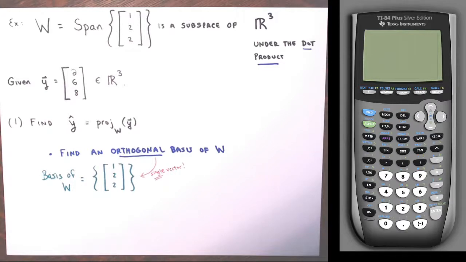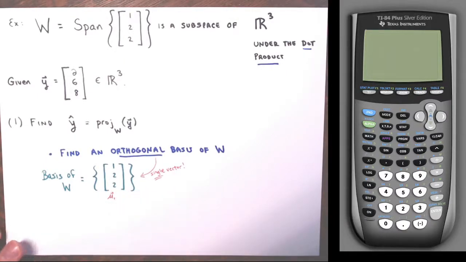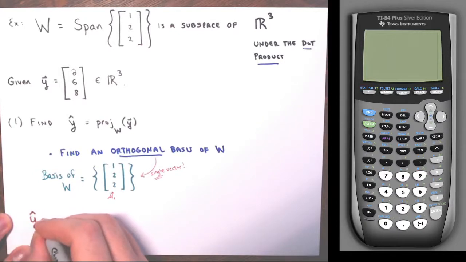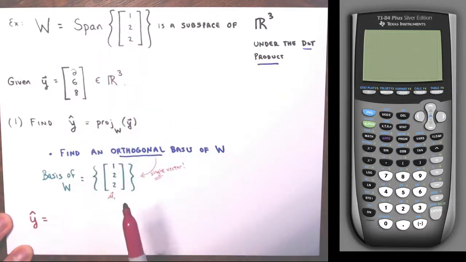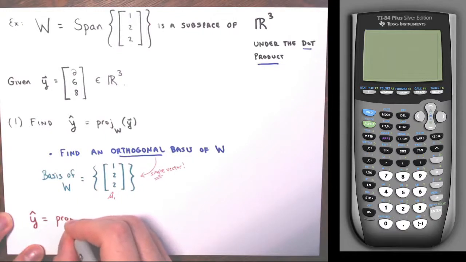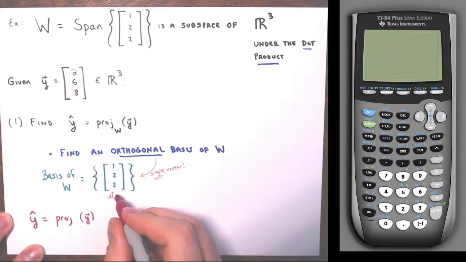There's only one vector, and I'll call that, like I did last time, u sub 1, the single vector in my orthogonal basis. So this projection vector, y hat, the projection of 2, 6, 8 onto the span of 1, 2, 2, is just the projection of y onto vector u1 from this orthogonal basis.